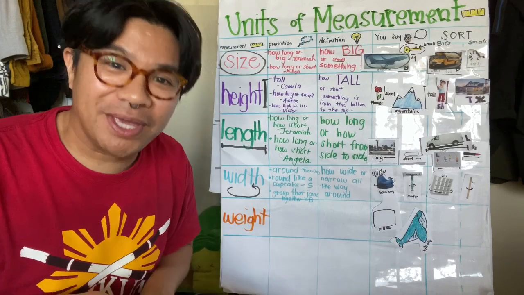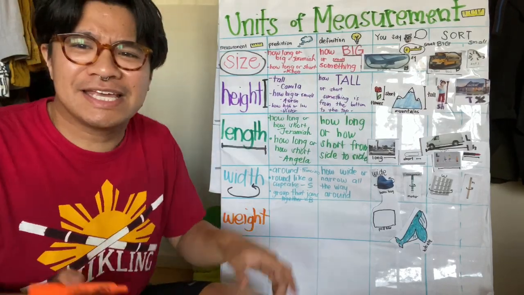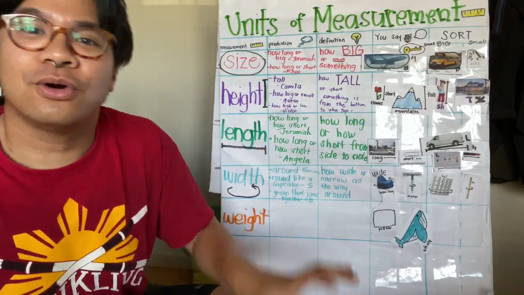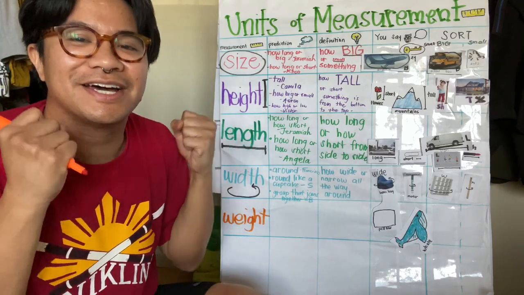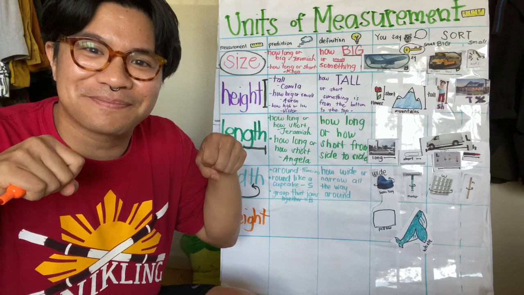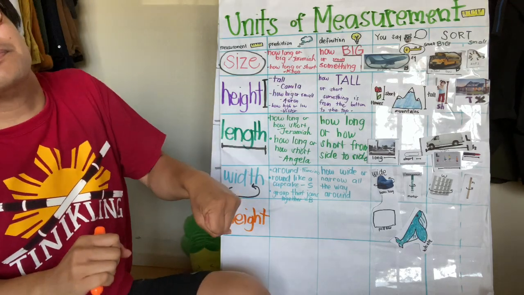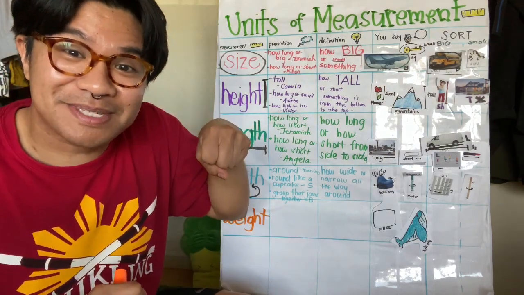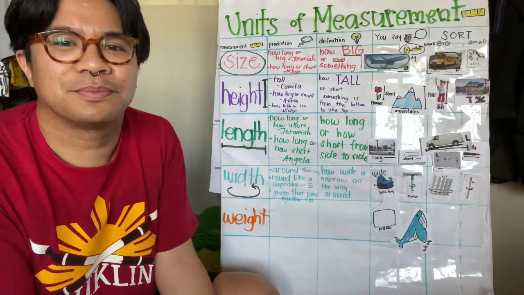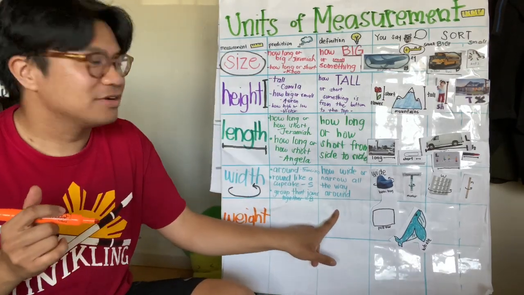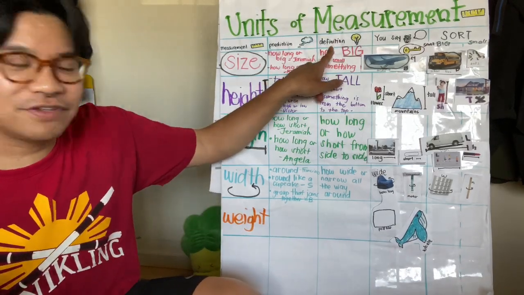Now I'm gonna tell you what weight means. Weight means how heavy or how light an object is when you pick it up. So everyone say weight. How heavy or how light something is when you pick it up. So I'm gonna write that down right here under our definition.